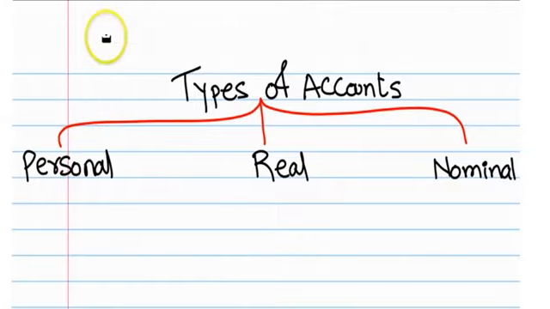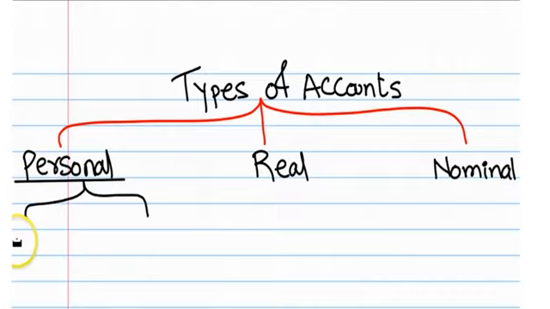Now let us try to understand what exactly a personal account is and who or what is included in it. Again, I will divide this into two parts. Personal account will include natural persons as well as artificial persons.